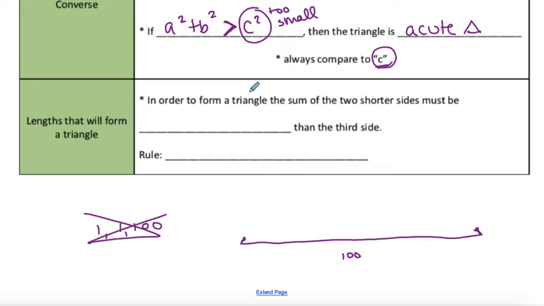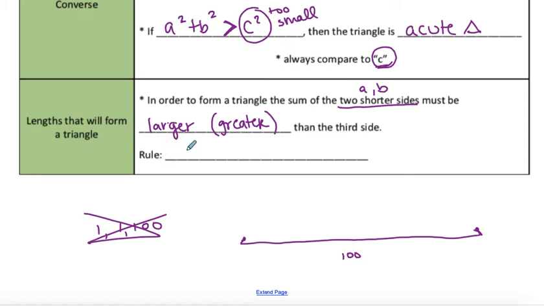In order to form a triangle, the sum of the 2 shorter sides, that's A and B, must be greater than the third side.